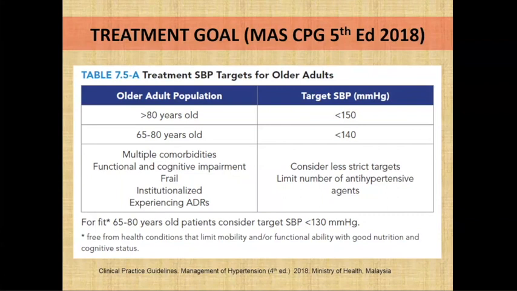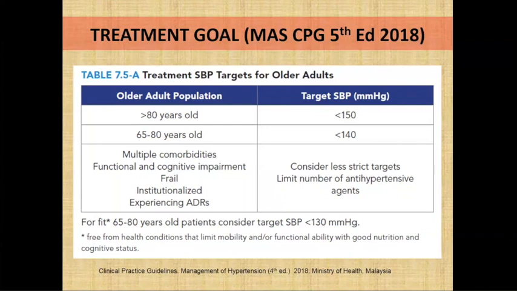They can mobilize, mobility is higher and they can function normally. Mobility or functional ability, and also the cognitive status is normal. This is what we call healthy, fit. In this group, we can go even lower, systolic blood pressure less than 130.